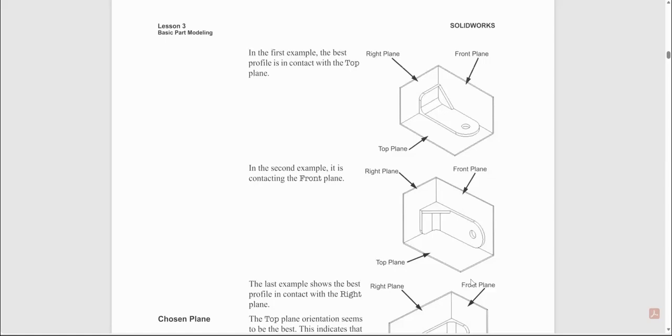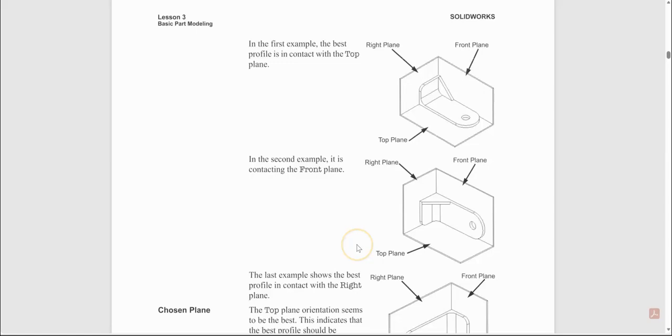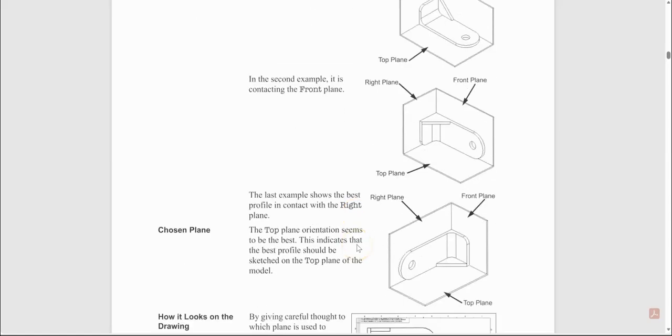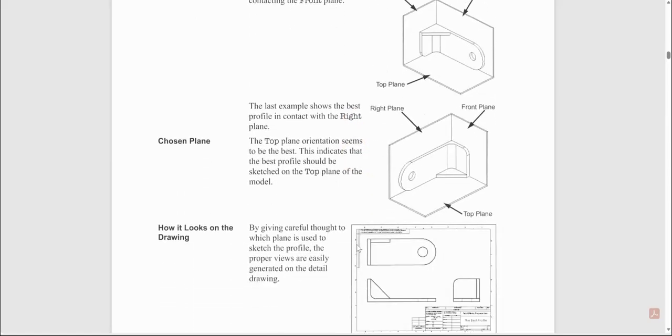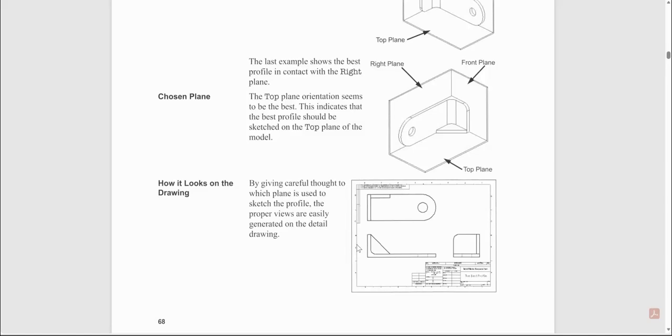Again, we can rotate in SolidWorks. We already looked at how you can rotate the part on the screen any way you want to see it. That's not really what we're talking about, but it's how, once we create an engineered drawing, that's going to be seen in the different views. It might determine the way we dimension it in the end. Here you can see how it looks on the drawing in the front, top, and right views.